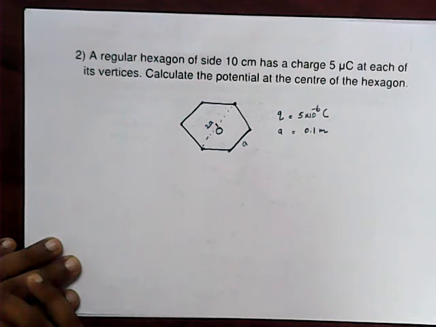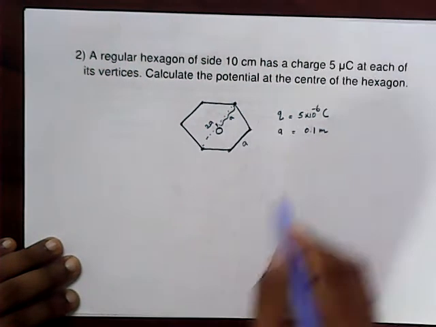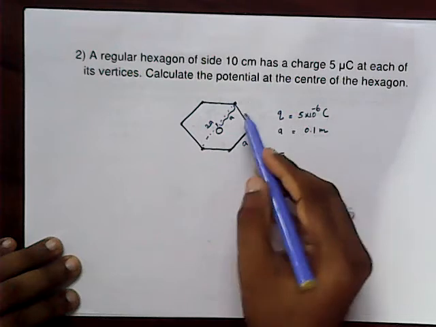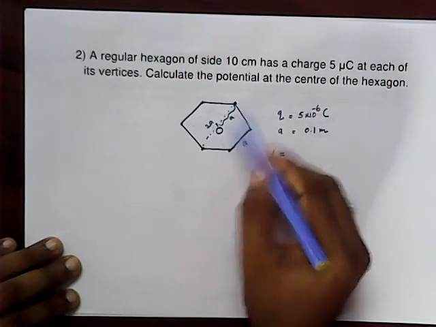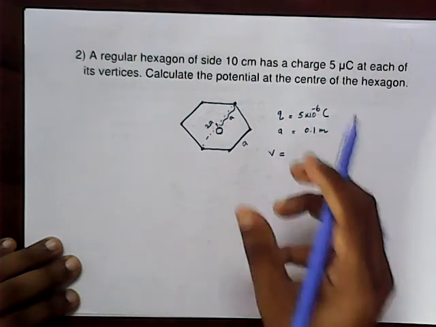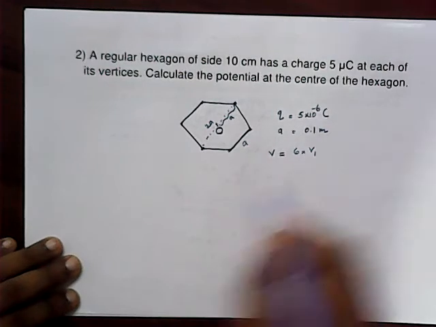That means here the 6 contributions are there, 6 corners are there, and each corner has the same separation from the center O, and hence by using the principle of superposition we take 6 times the individual contribution.